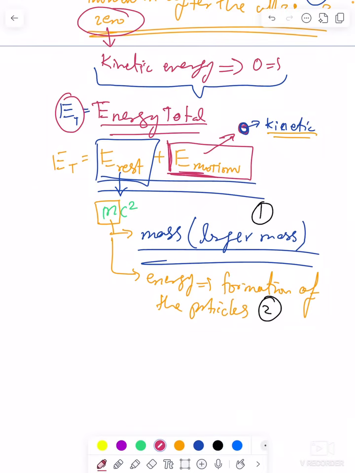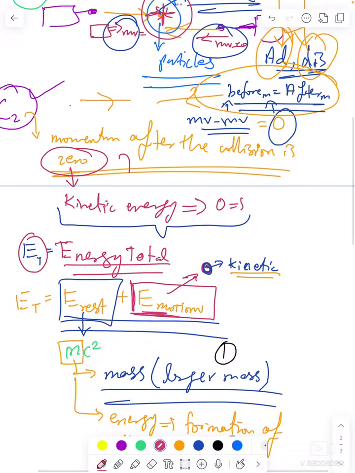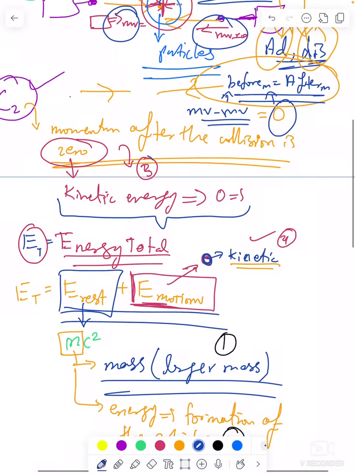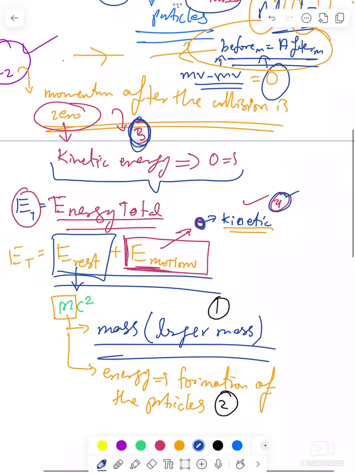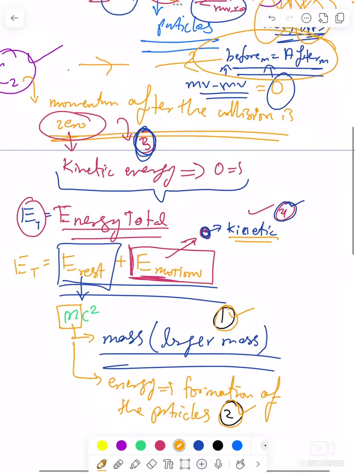And these are also advantages: momentum being 0, and kinetic energy being 0. The reason these are advantages is that if they are 0, we don't have any kinetic energy or momentum, so all that energy is used to create new particles.